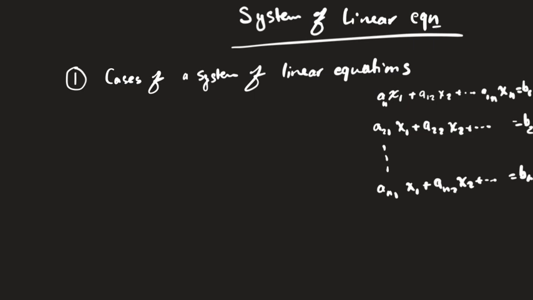And your unknowns are x1, x2 up to xn, okay?